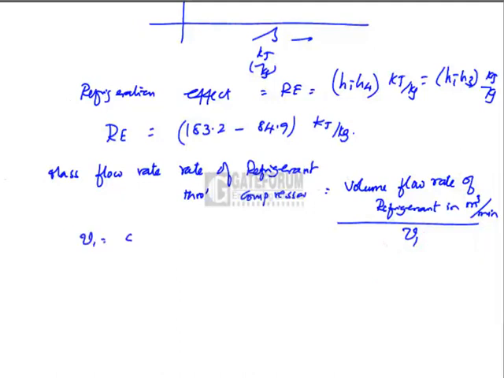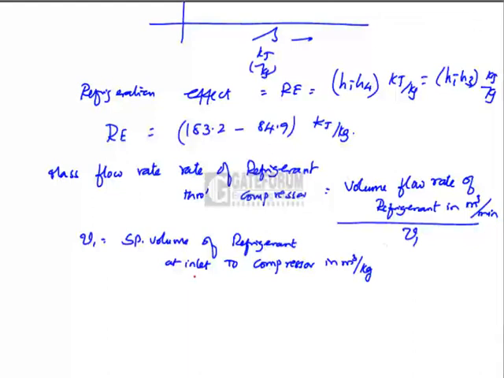V1 is specific volume of refrigerant at inlet to compressor in meter cube per kg, which is given there as 0.0767.